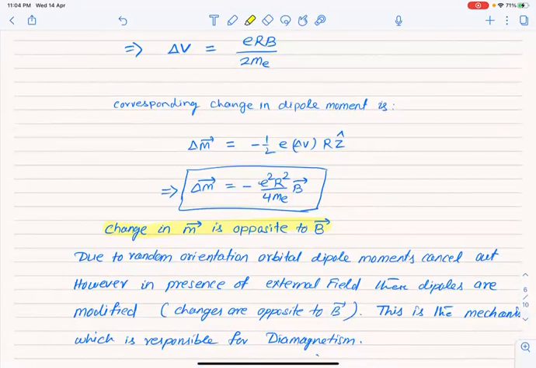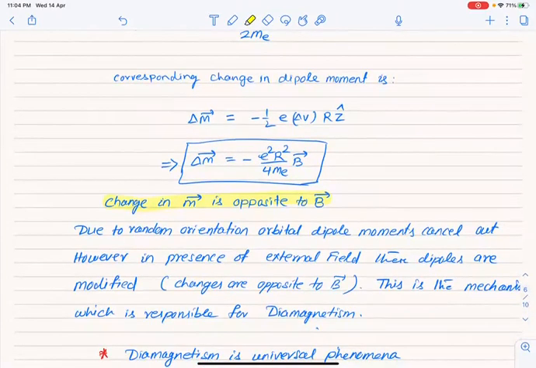Now, again, due to random orientation, these orbital dipole moments cancel out in general. So you will have net effect is 0, but however, in presence of your external field, these dipoles are modified. Modified in the sense there is a change which happens opposite to B. And this is essentially the mechanics which is responsible for diamagnetism. So the magnetization is opposing the applied field.